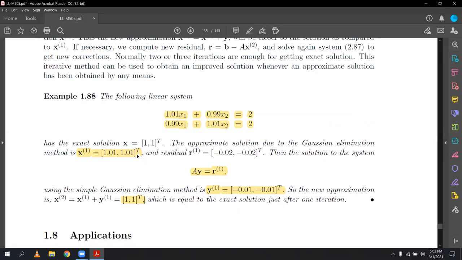A residual corrector method we can use to find a better approximation of the ill-conditioned system.